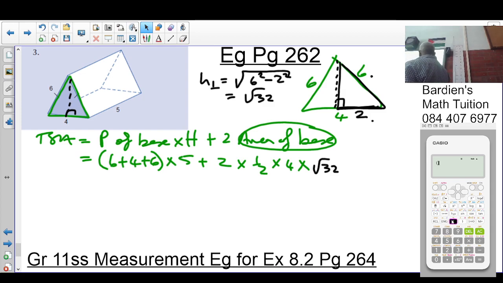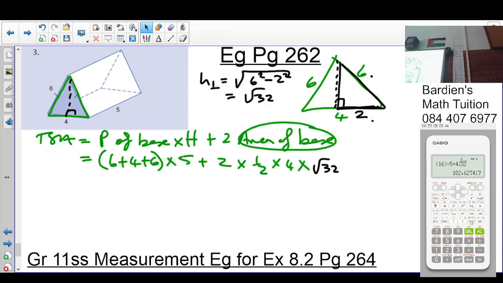Simply going to be 16 times 5, which is 80, I think, plus half times 2 is 1, times 4 root 32. That gives you 80 plus 16 root 2, which is 102.63 centimeters squared.